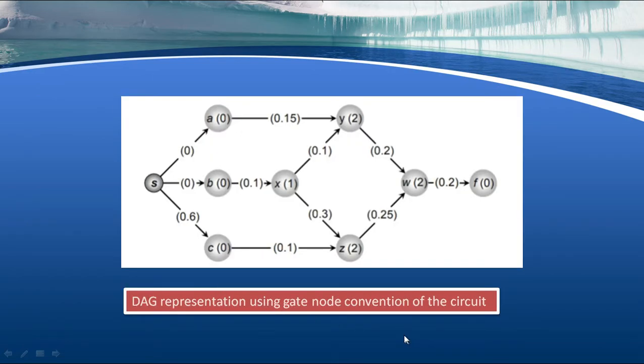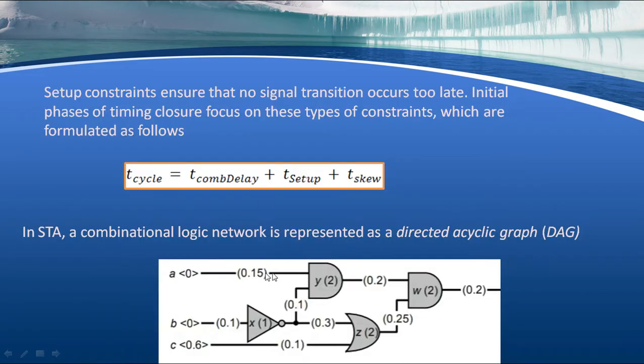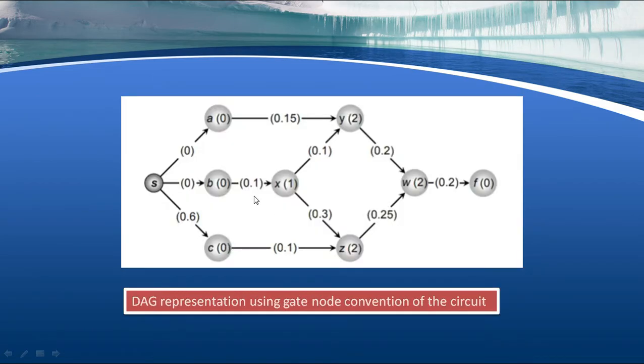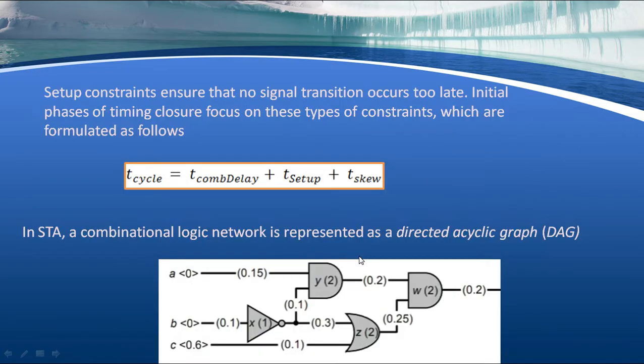DAG representation using gate-node conversion of circuits. Every gate in this circuit has been represented by a node: A0, B0, C0, X1, Y1, Z1, W1.